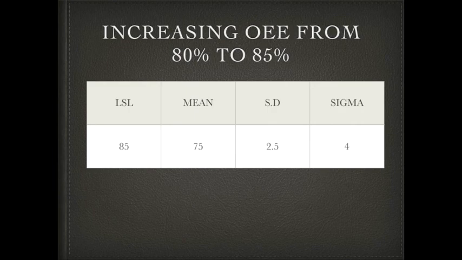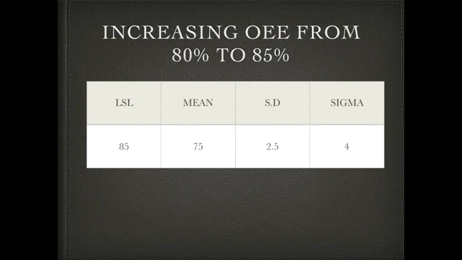OEE is calculated based on the availability of your machines, the performance of your machines, and the quality output of your machines. In this example, we have a goal of increasing the overall equipment effectiveness from 80% to 85%.